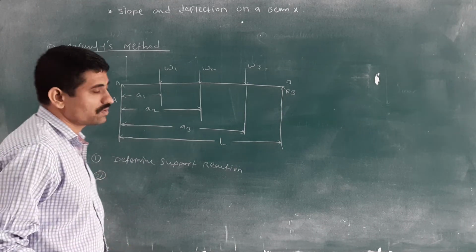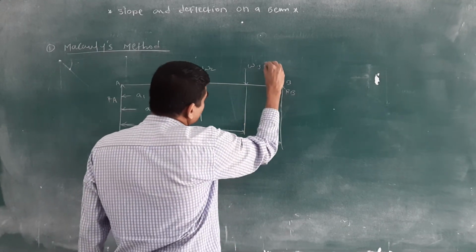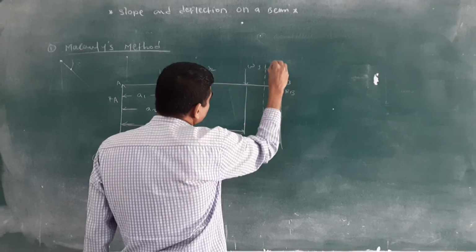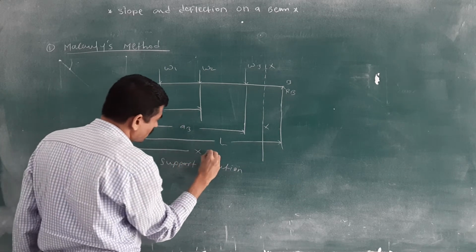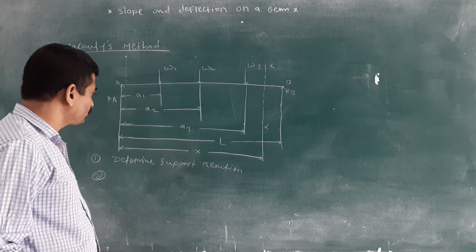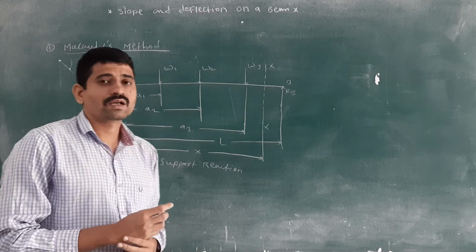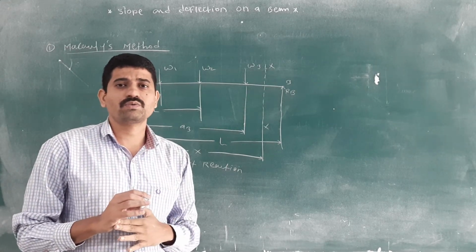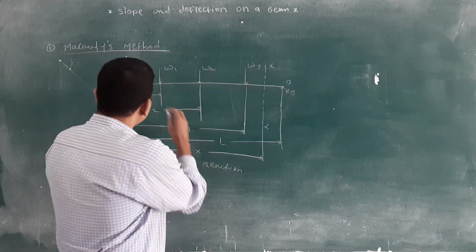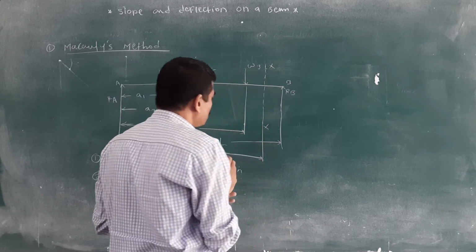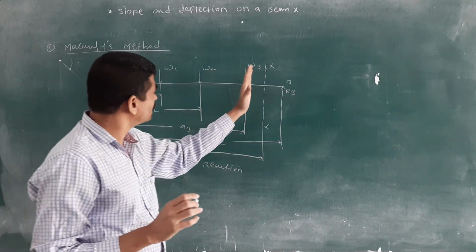Once you have calculated the support reactions, the next step is to consider the section XX at a distance X from the left end. This is very important. The section should cover all types of the load, so take it at the last section of the beam.